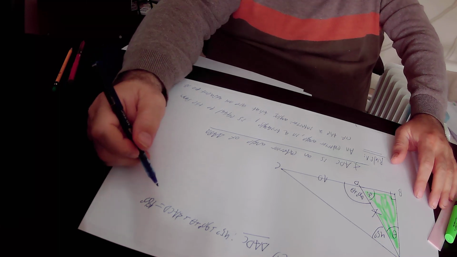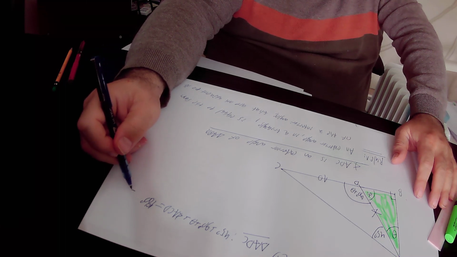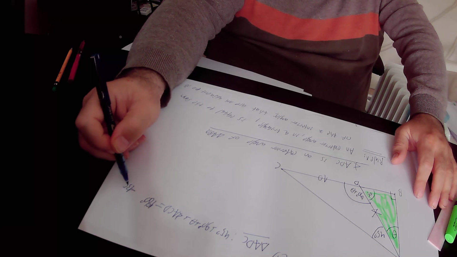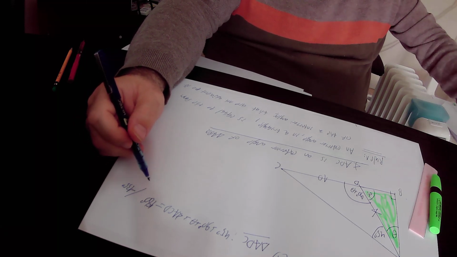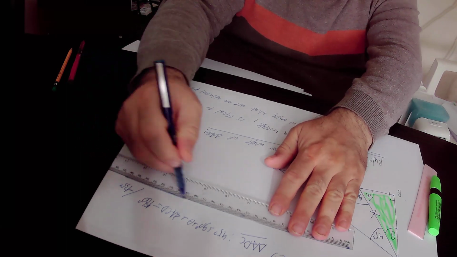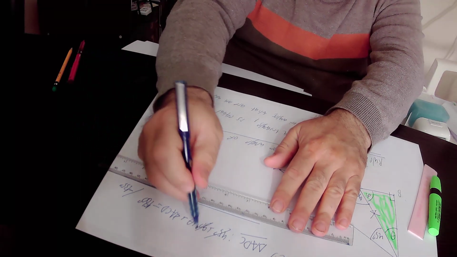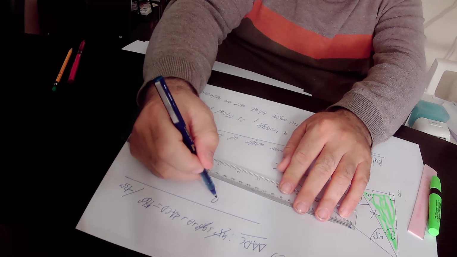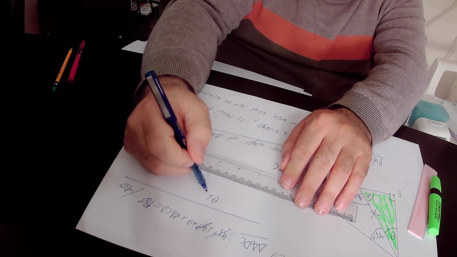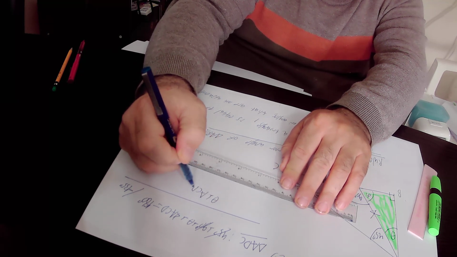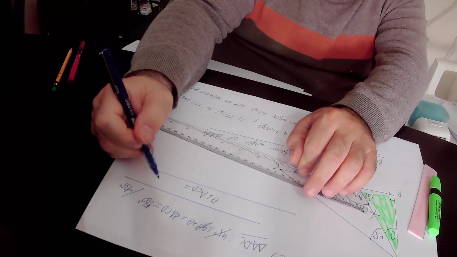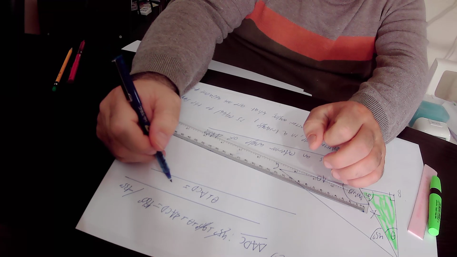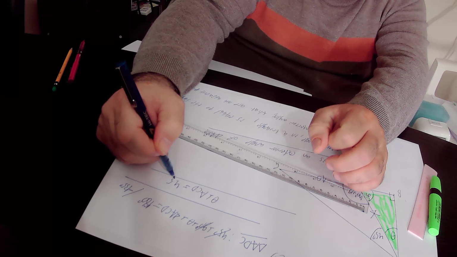Here we will subtract 135 degrees from this equation, and we will get that angle theta plus angle ACD equals 180 degrees minus 135 degrees, which is 45 degrees.